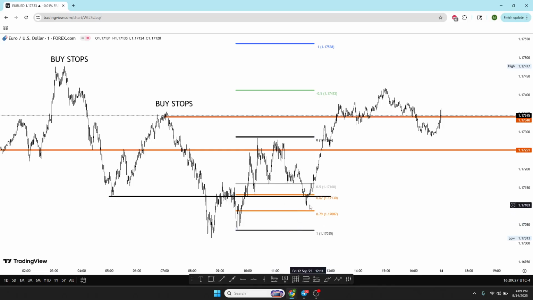This is that sweet zone. You buy it here, and you look to offset above buy stops. I didn't get in here for a second entry because I was already locked in at the first entry back at 9:30. And if you look at the time, this is 12 p.m., going into the New York lunch.